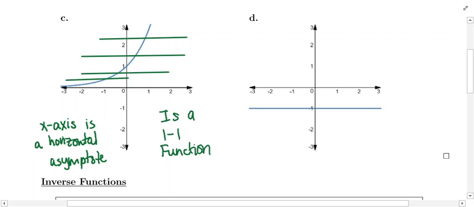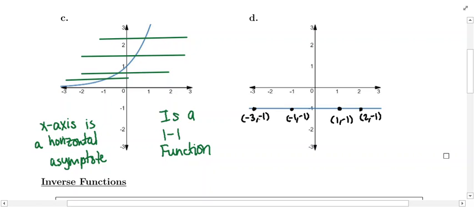All right, part D, the graph is a horizontal line itself. You may be wondering what this means. It's a lot more difficult to draw horizontal lines here, so let's just think about points that are on this line. This point has coordinates (1, -1). Here it's (2, -1). This is (-1, -1). This is (-3, -1).